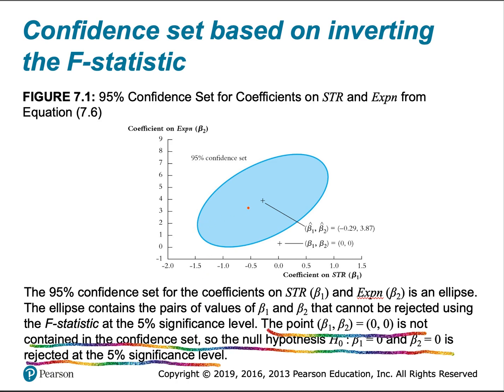So outside of the confidence set, we would reject any of these null hypothesized values, right? Within the confidence set, that is where we believe the true population coefficients to reside 95% of the time.